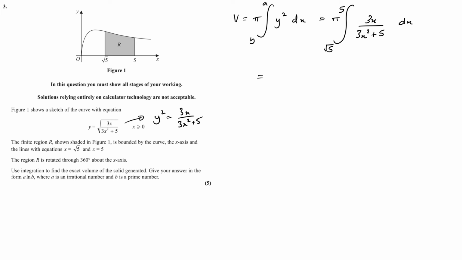So let y equal ln of 3x squared plus 5. Okay, it'll actually be like that. Now, if I differentiate this, so dy by dx, I get 1 over 3x squared plus 5 multiplied by this inside differentiated. So that'll become 6x. So this would give me 6x over 3x squared plus 5.